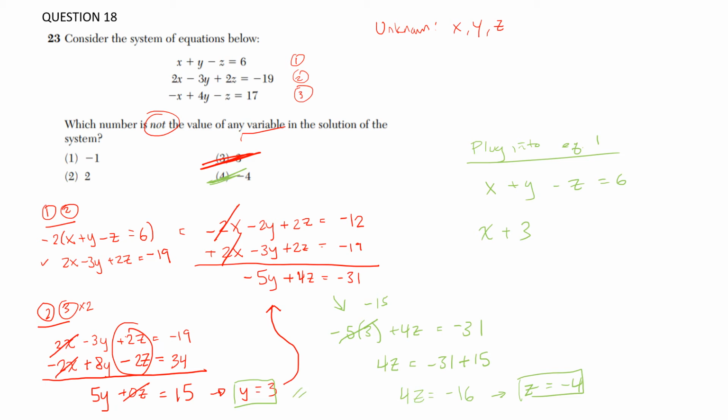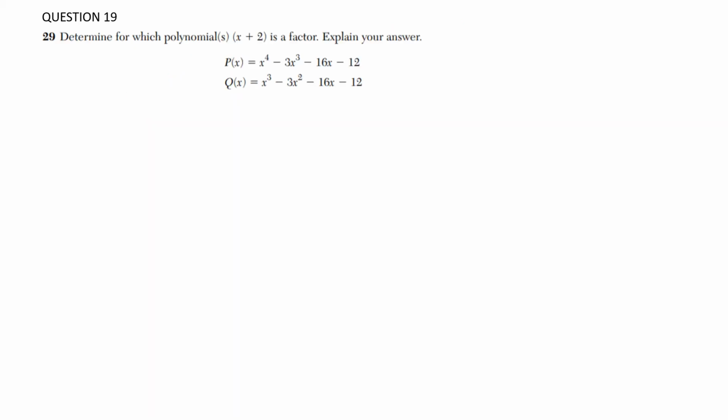We know z is negative 4, that's over here. And that should equal 6. So x plus 7 equals 6. Solve for x, and that equals negative 1. So that eliminates choice 1. Therefore, we can be confident that our answer here is choice 2. That is not a value of any variable in the solution to the system.